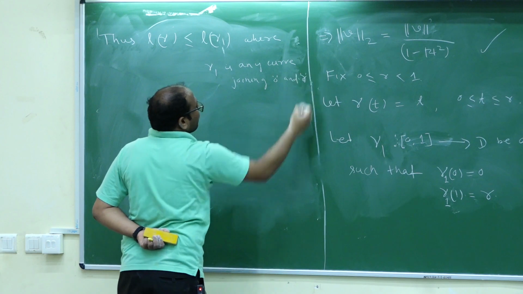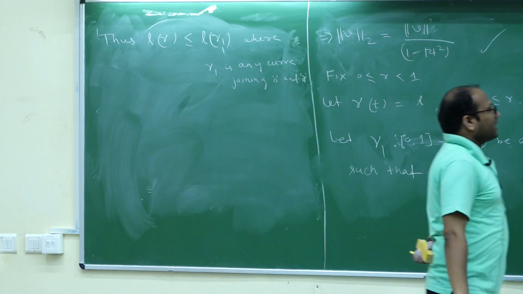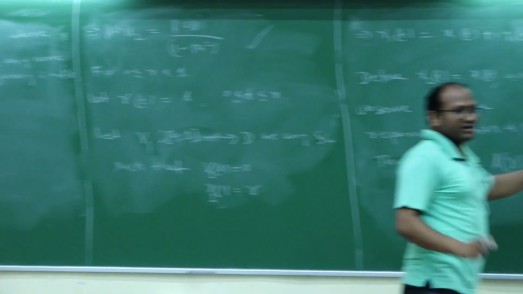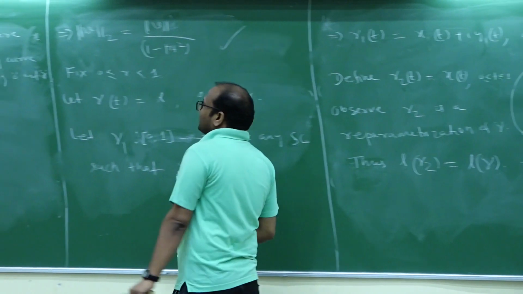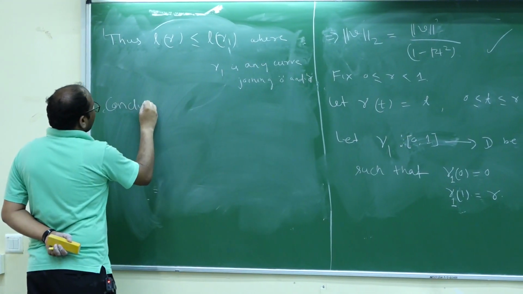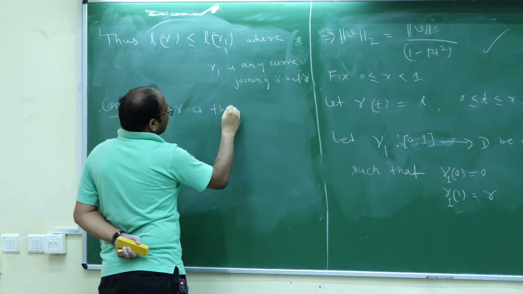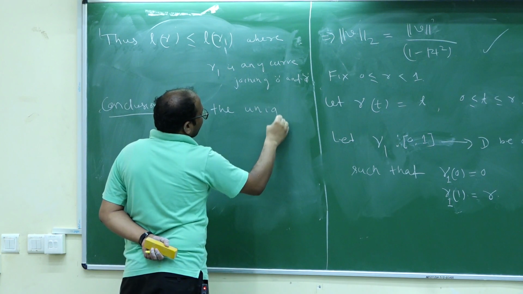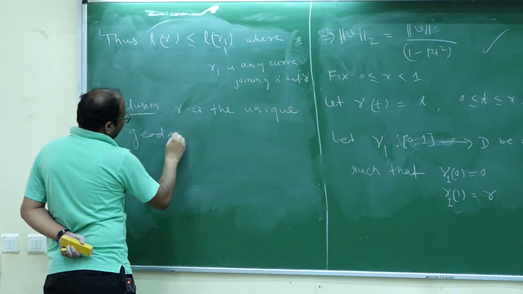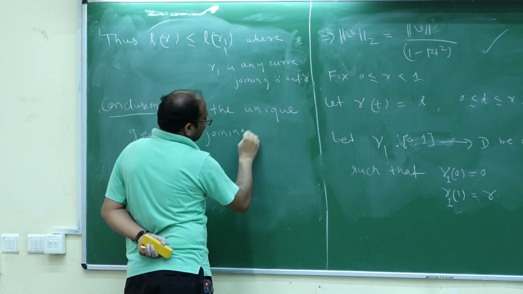So this also says that this gamma is the unique geodesic joining 0 and 1. Uniqueness is also important. So conclusion: gamma is the unique geodesic joining 0 and 1.